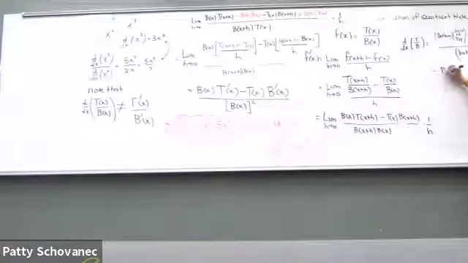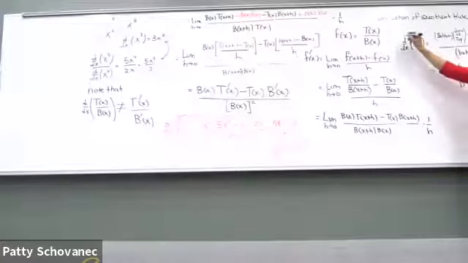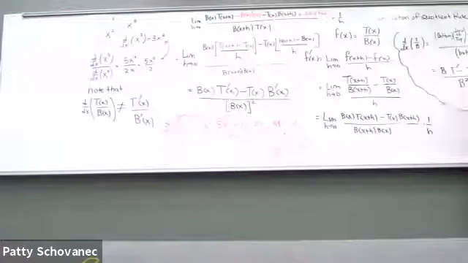So again, with the primes, it's easier to remember. Bottom times derivative of the top minus the top times the derivative of the bottom over the bottom squared. And that's called the quotient rule.